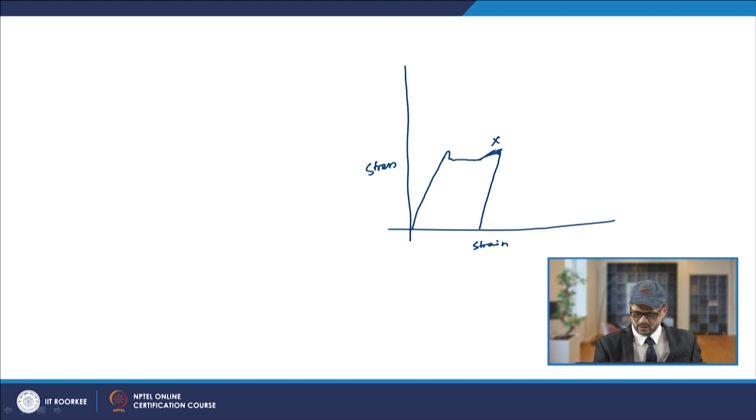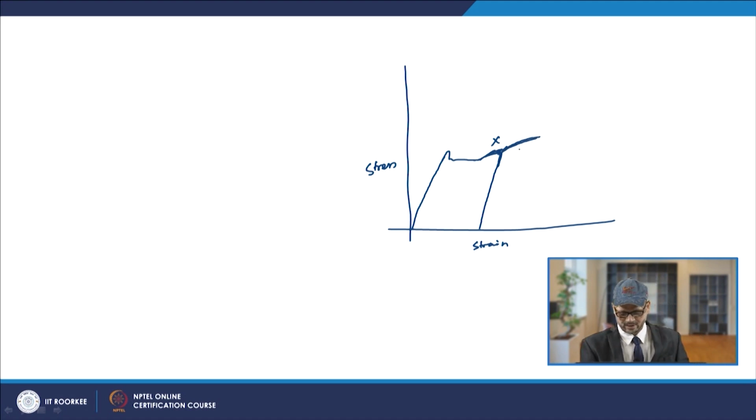It is retested without any appreciable delay. We are not doing any delay and we are retesting. Then it will go further from here, and you will have this kind of stress strain curve.